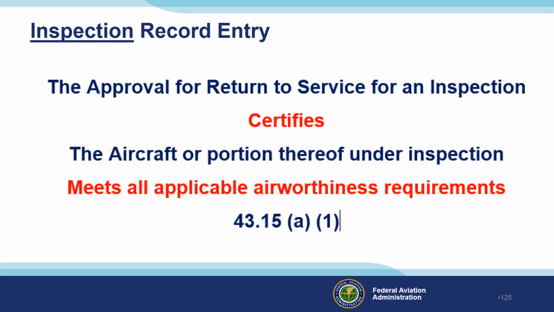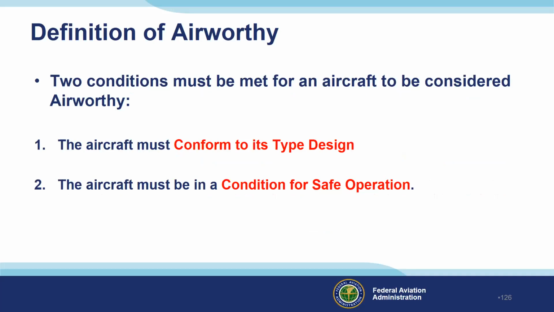And the approval for return to service for an inspection certifies that the aircraft or portion thereof under inspection meets all applicable airworthiness requirements. And we've been looking at that for the last several hours. All those things that you have to look at when you're signing off an inspection. Remember, there's the performance rule for inspections. And don't forget the 2 elements that have to be met for an aircraft to be airworthy: conformance to type design and condition for safe operation.